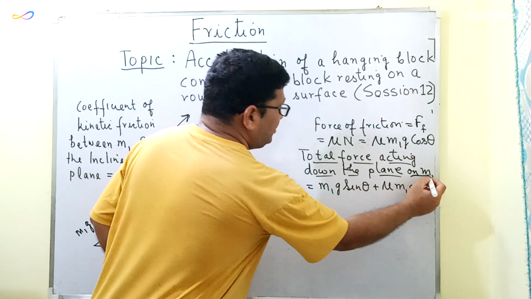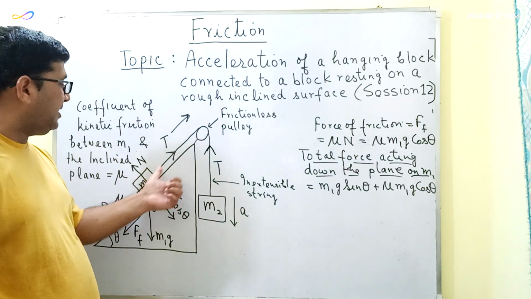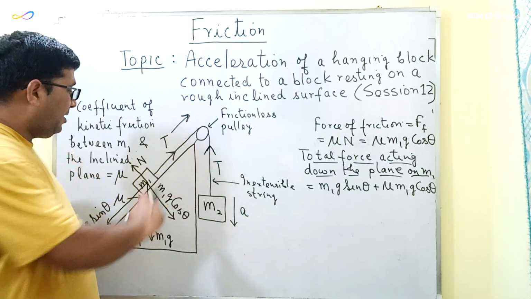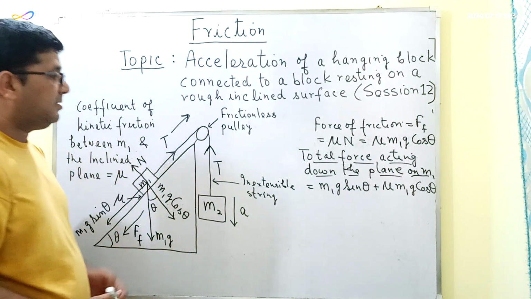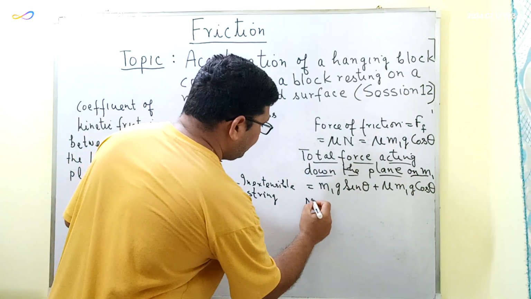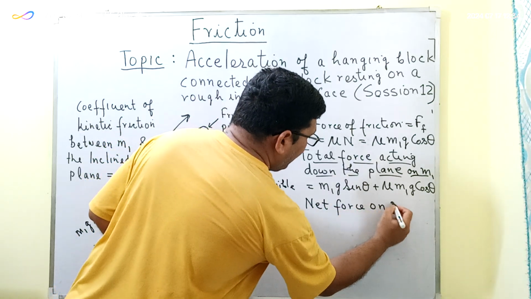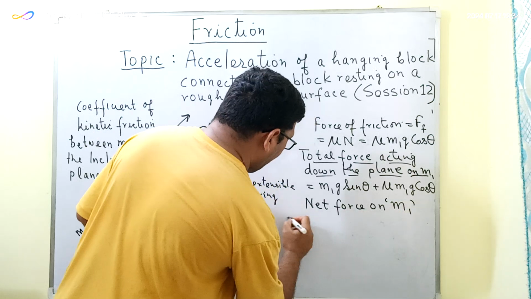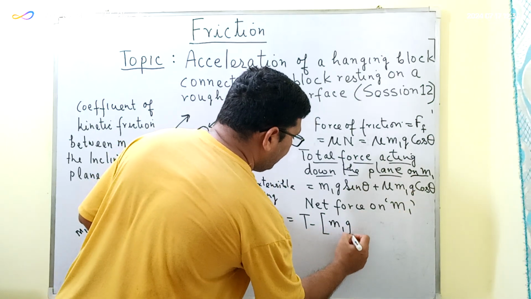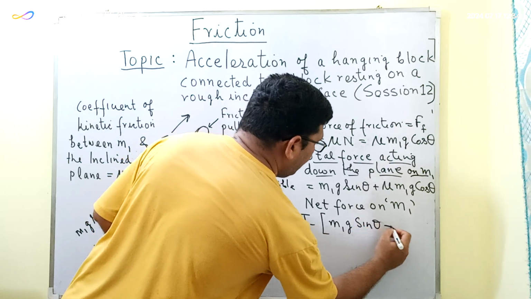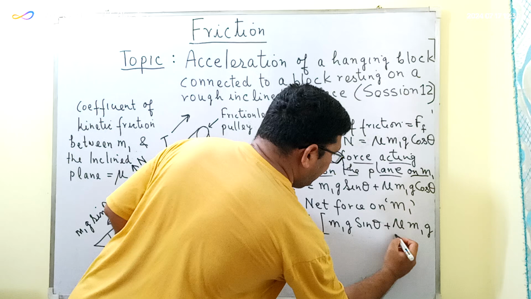Now the force acting on this block of mass m1 in the upward direction, or you can say up the plane, is T. So the net force on m1 will be equal to T minus (m1 g sin theta plus mu m1 g cos theta).